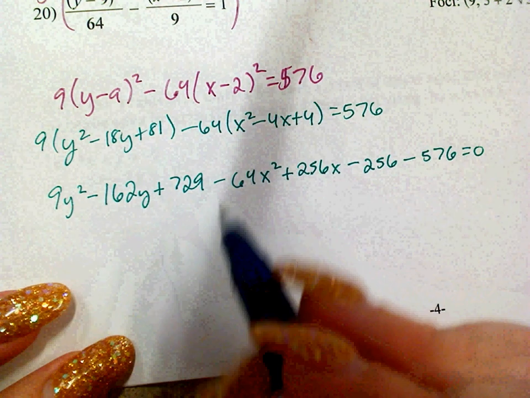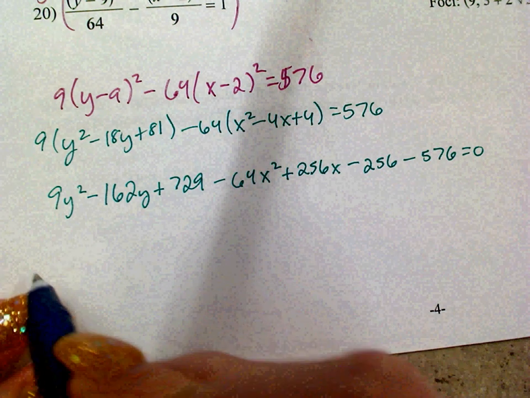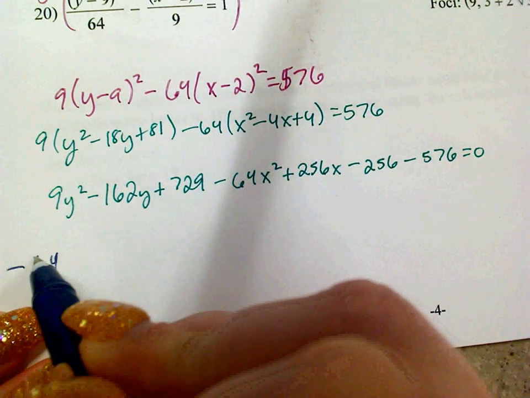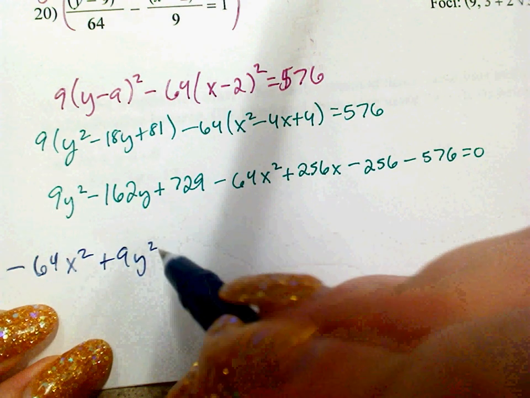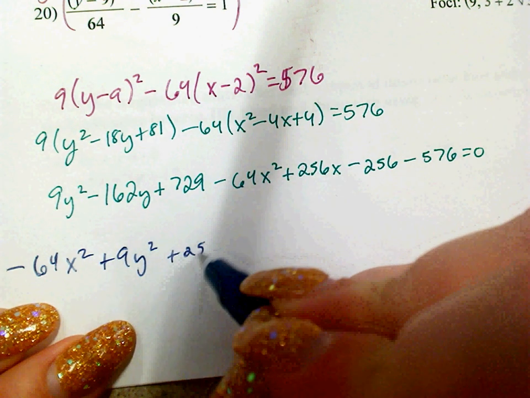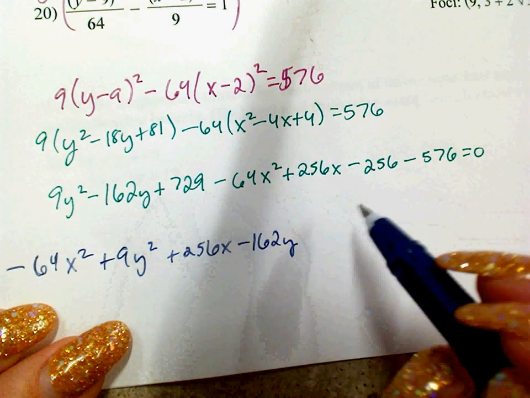And then you need to write it in order. You always have to write the x first. So I would start with the negative 64x squared, plus 9y squared, plus 256x minus 162y, and then it's just a matter of combining.